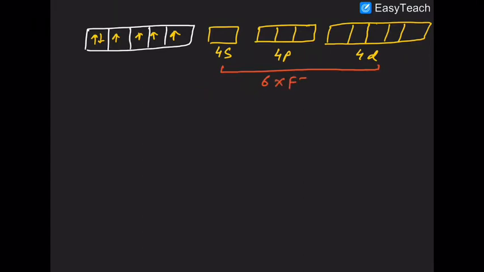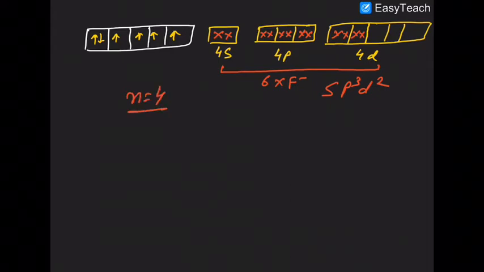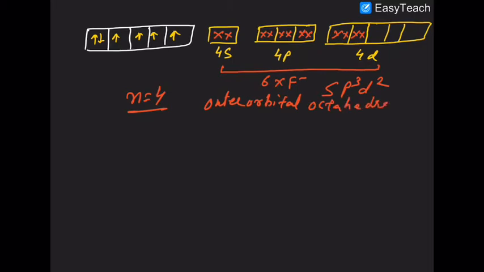So what will they do? They will donate their lone pairs to these orbitals. So what you have is sp3d2, where 4 electrons are unpaired, and it is outer orbital octahedral.